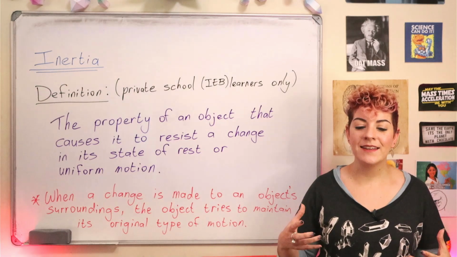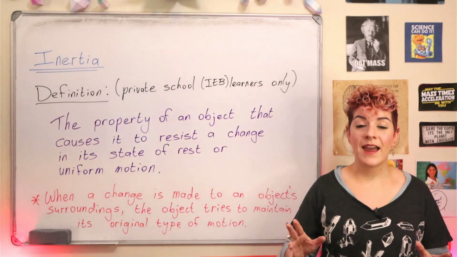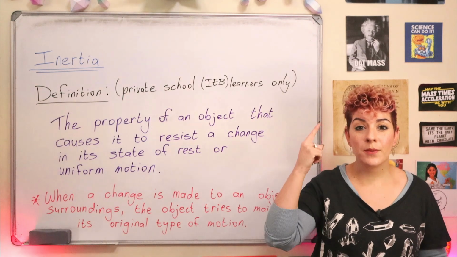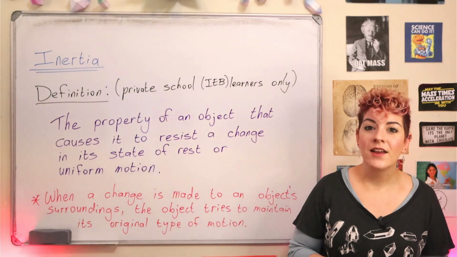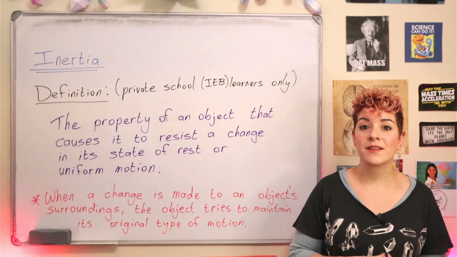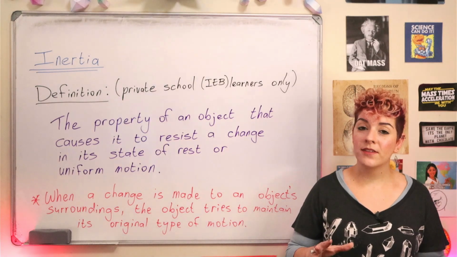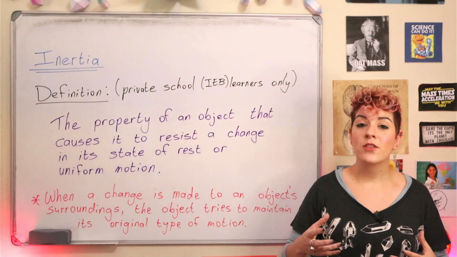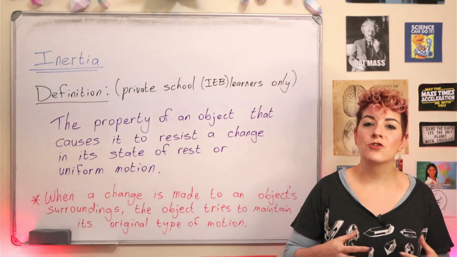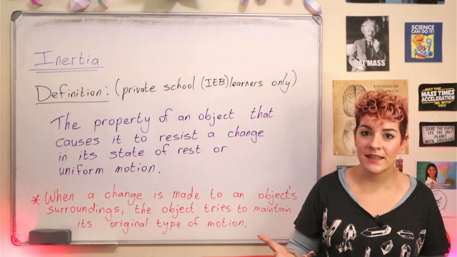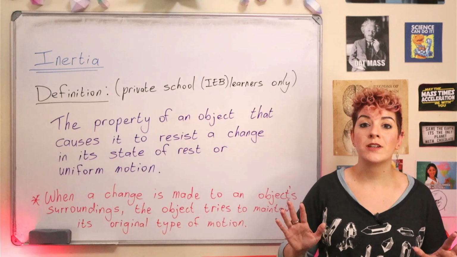So the lady has stopped moving, and that's the change. But the bucket of water, which is not physically connected to her head, will experience inertia. And after the lady has stopped suddenly, the bucket of water will continue moving forward at the original constant velocity that the lady had before she stopped.